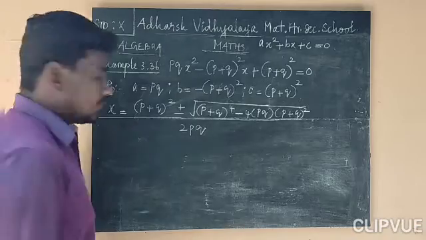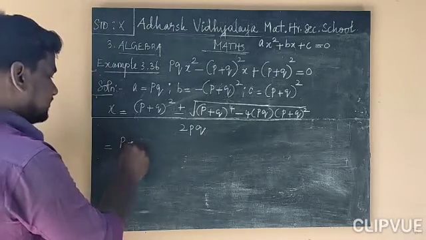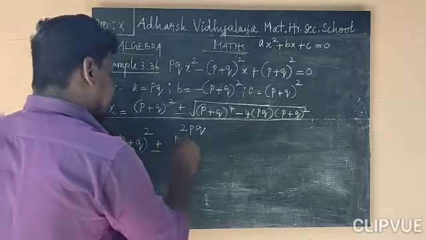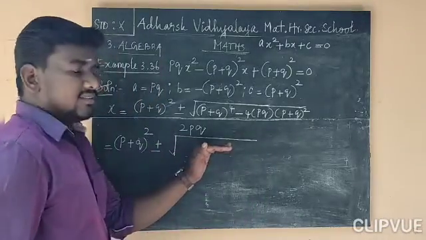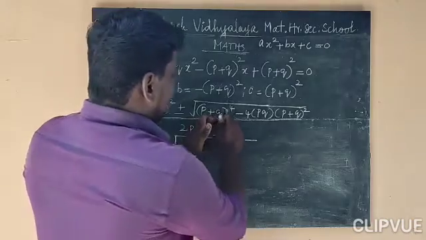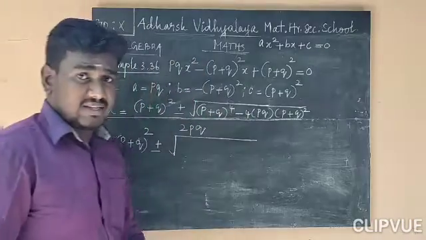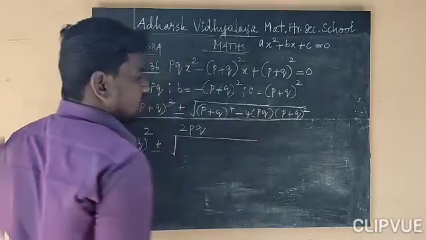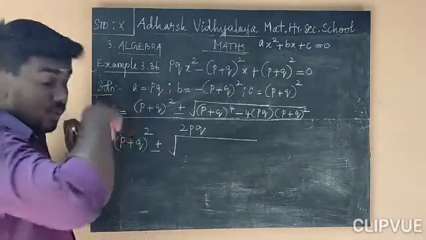2 into pq. Listen here, it is p plus q whole square plus or minus root of, inside the square root we have p plus q whole square, here also p plus q whole square, that is common factor. There are two terms we have, first one, this is second one. Both terms have p plus q whole square common.